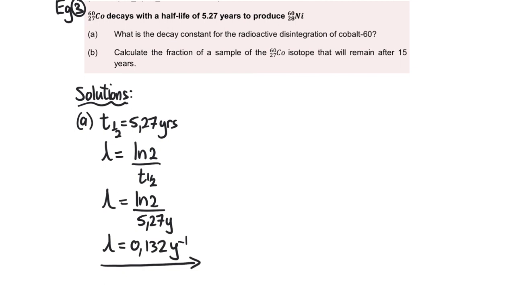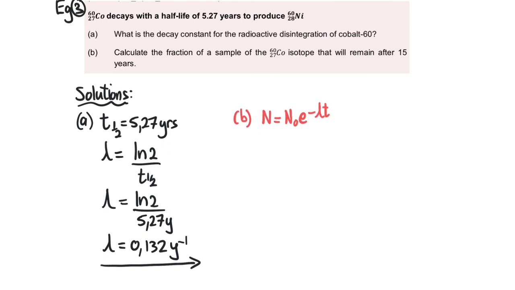So there's a 13.2% chance that a cobalt-60 nucleus in a radioactive sample of cobalt-60 would decay in a 1-year period. In physics, it's always very important to look at the answer to a mathematical problem and then try to physically interpret its meaning, and not just get a mathematical answer.